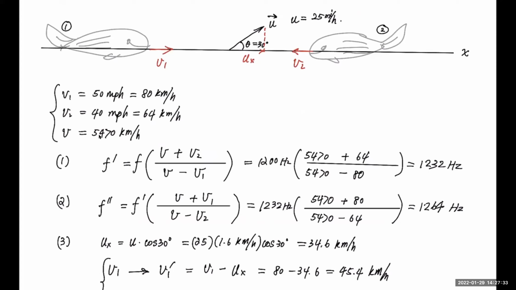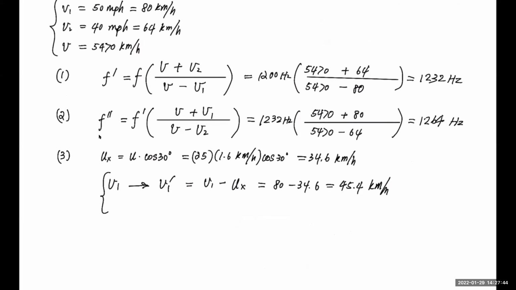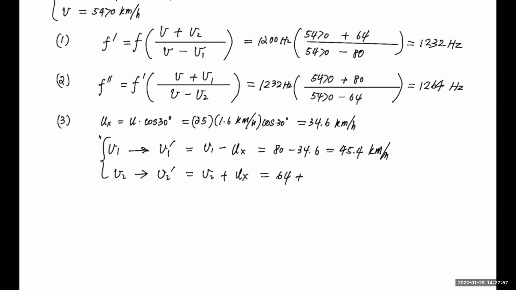And similarly, look at v2. Now, the current is flowing towards the second whale. As the second whale moves towards the current, in the reference frame of the current, v2 will be greater than before. v2 now becomes v2 prime, and that is v2 plus ux, right? And that is 64 plus 34.6.